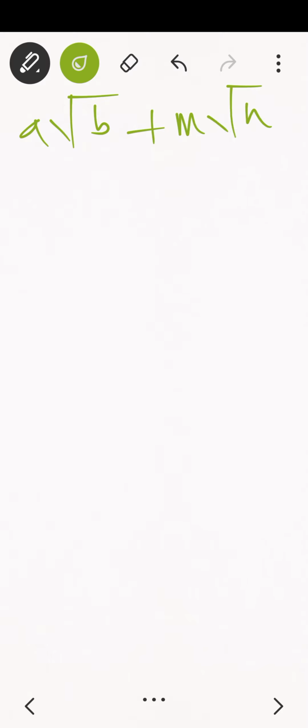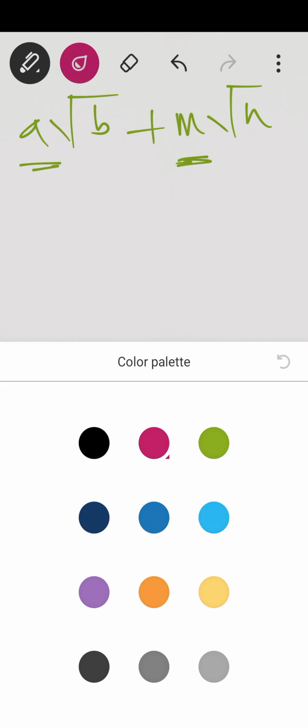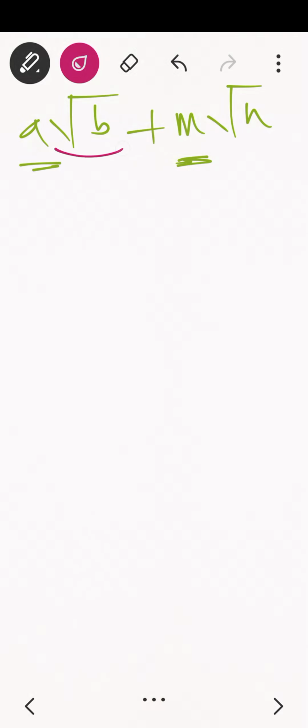So in essence, what we are saying is that assuming you have a set A root B and you are adding it to another set M root N, for A and M, there are no issues. But to be able to add these two sets, consider the set under the radical sign.